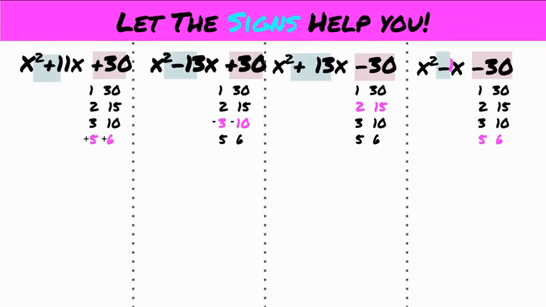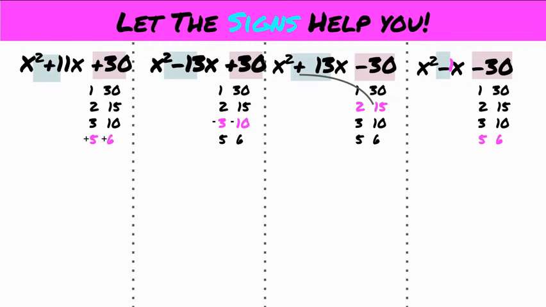So on this third one, again, we have that 13, but 3 and 10 aren't our winner because we need to multiply to equal a negative 30. So we can't have a 3 and a 10, as those make positive 30, or a negative 3 and a negative 10, because those also multiply to equal positive 30. But when I look at this 2 and this 15, I think to myself, I can get a 13 out of those as long as one of them's negative.